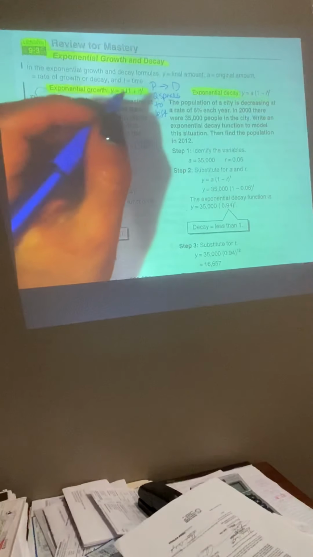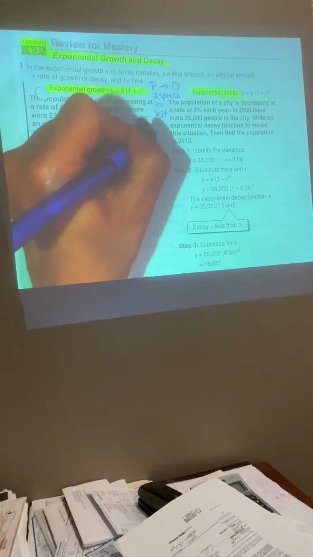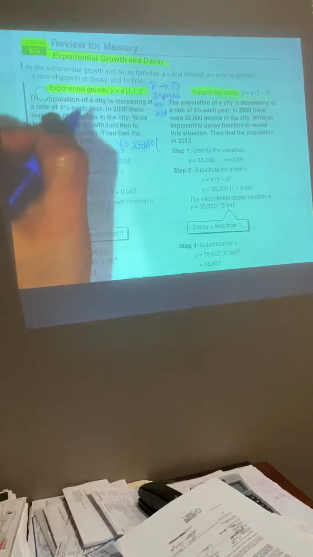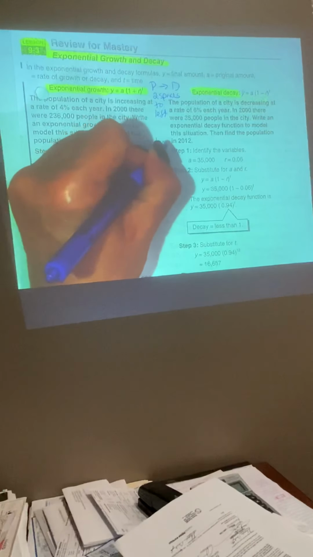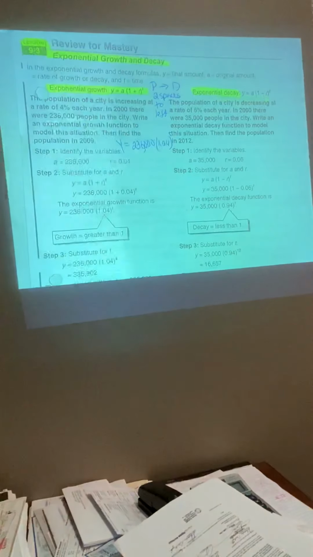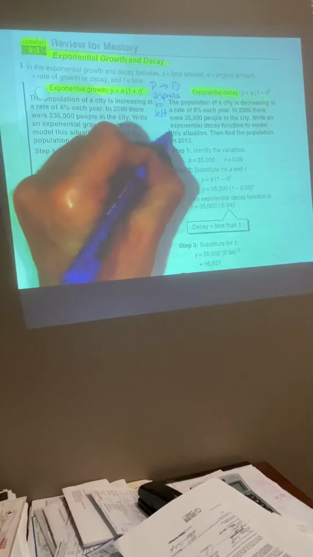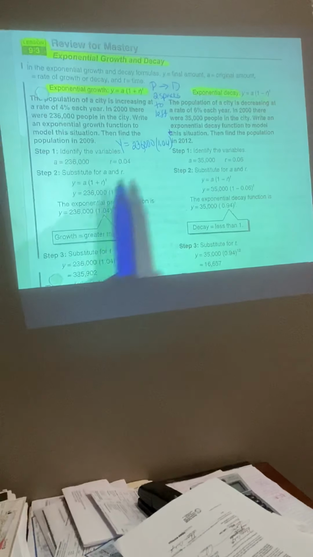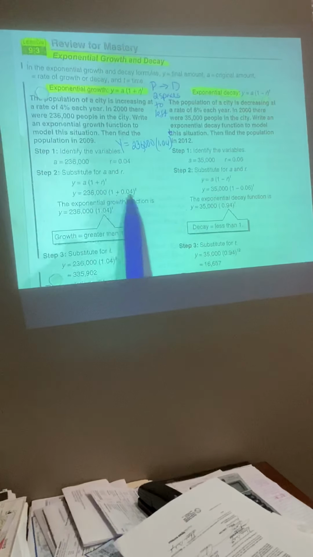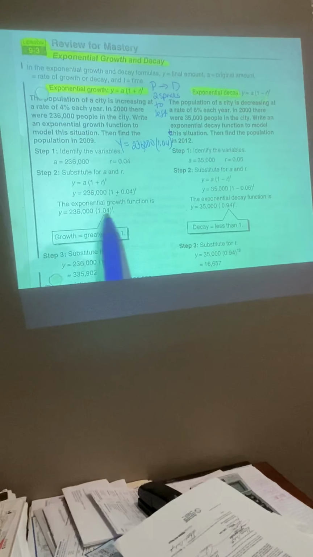So 4% is 0.04. So 1.04 to the t. That's the model. You could write 1 plus 0.04 like they have here. That's fine. Or you can just write 1.04 to the t.